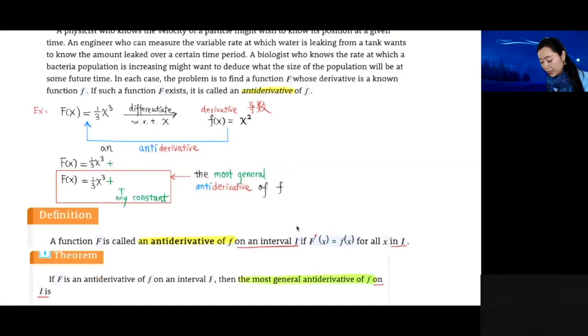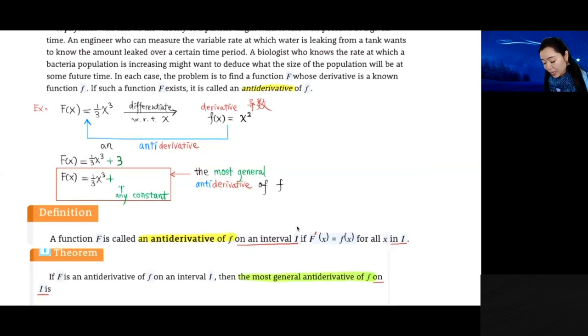Now, if I have 1/3 x cubed, the derivative is x squared. But if I add a constant to that, say I add 3, that will have the same derivative, right? Because the derivative of a constant is equal to 0. So this will be another antiderivative of this function, because if you differentiate that, you get this.